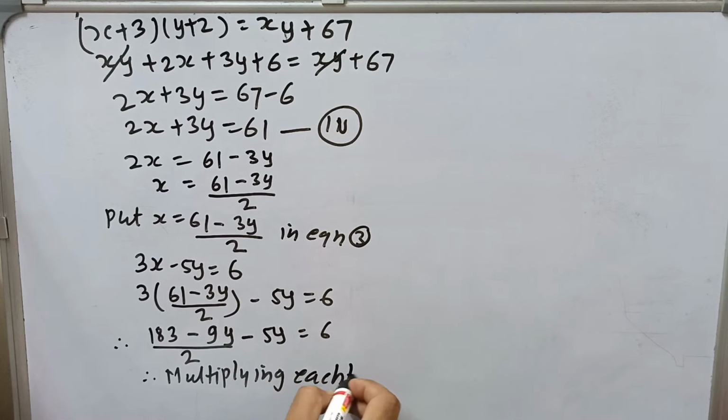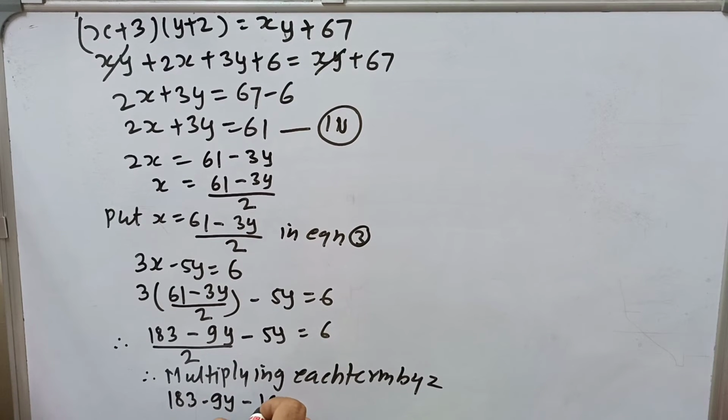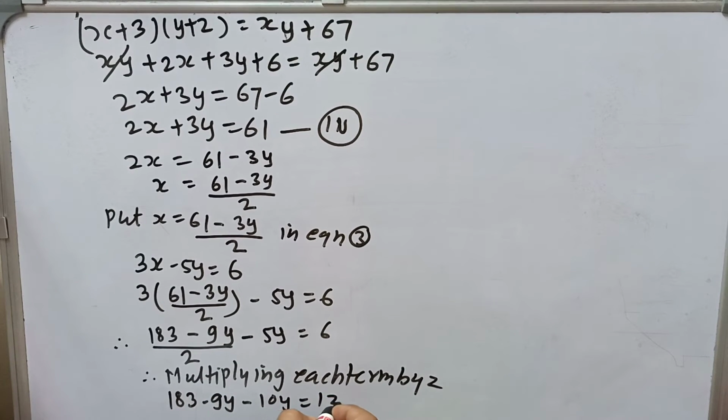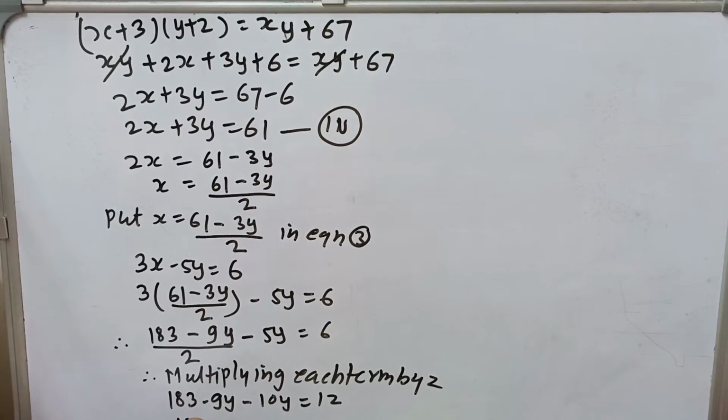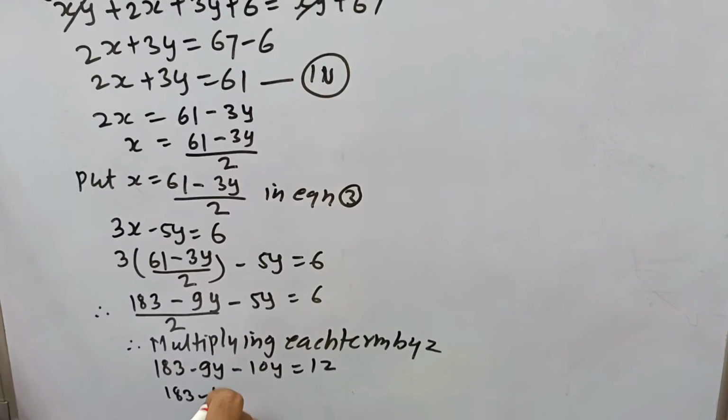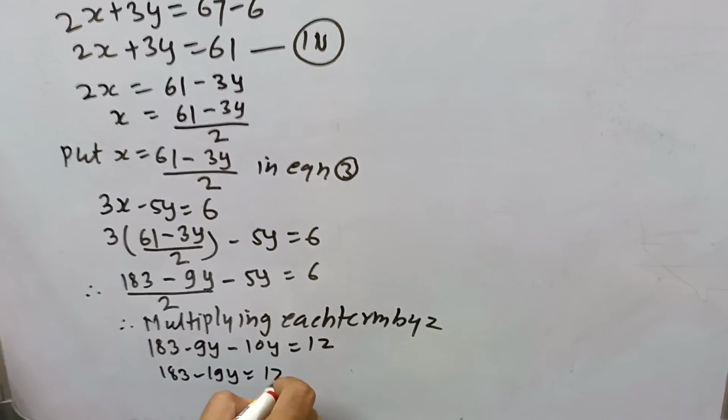When we multiply, it becomes 183 - 9y - 10y = 12. So 9y plus 10y becomes 19y, and it becomes 183 - 19y = 12.